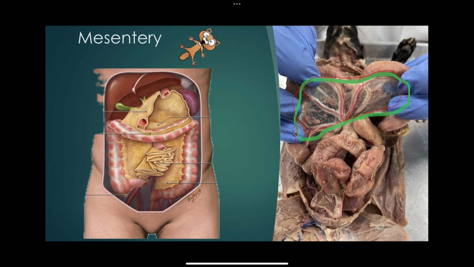If you were to lift all of these, the small intestine, you could see that all these vessels and lymphatic vessels run through them all. For the human model, you could see this yellow section that folds. That would be the mesentery.